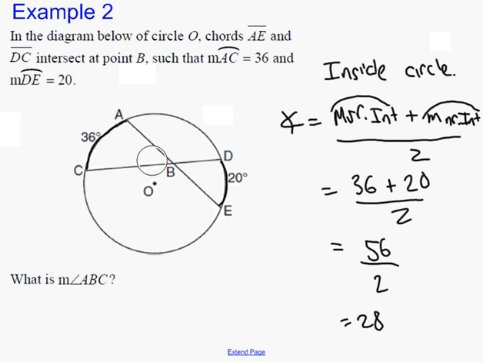So x is 28, which means that angle ABC is 28 degrees. So when the angle's inside the circle, all we have to do is add the intercepted arcs and divide them by 2, and we get the measurement of the angle inside the circle.